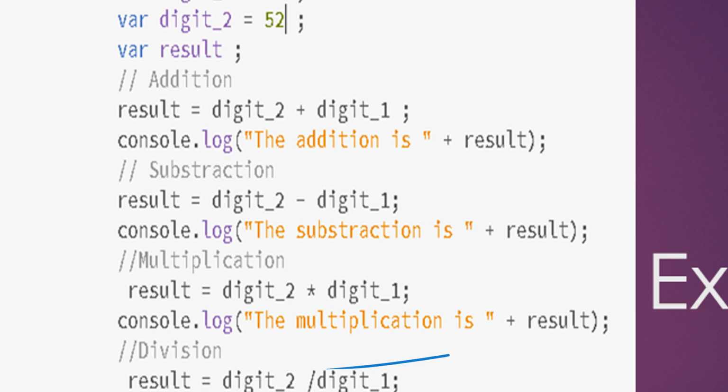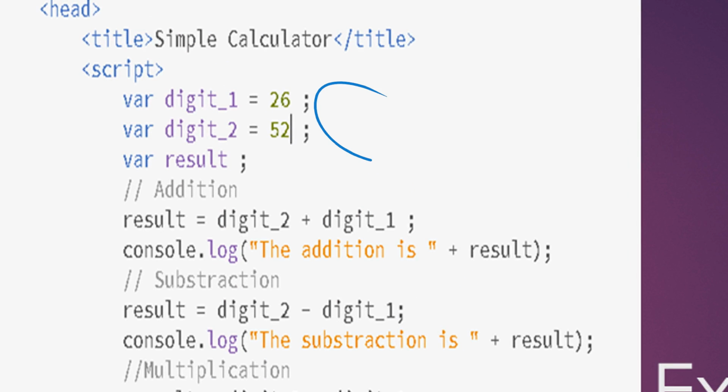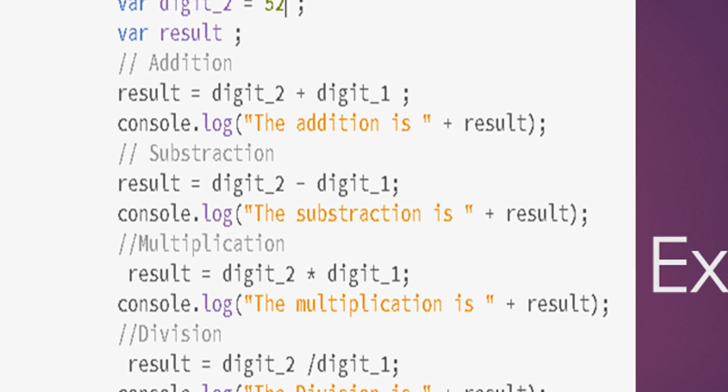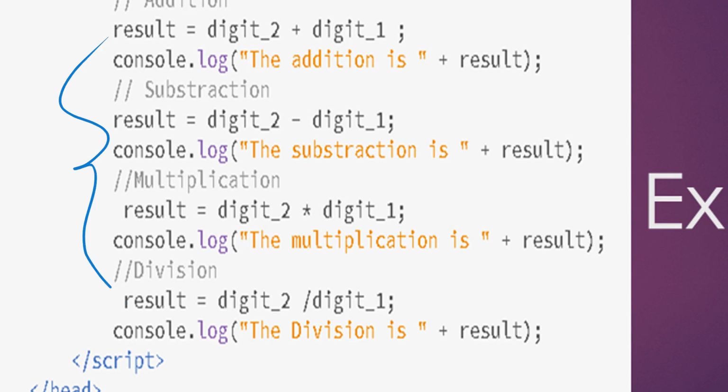Okay, so here you can see that I have taken an empty variable and I have performed the operation on the two variables, and whatever value is generated, I have given that value to the third variable, which is the empty variable, and after that I have printed the value of the empty variable. So after writing this simple code, and here are the comments, you can see the result will be like this.